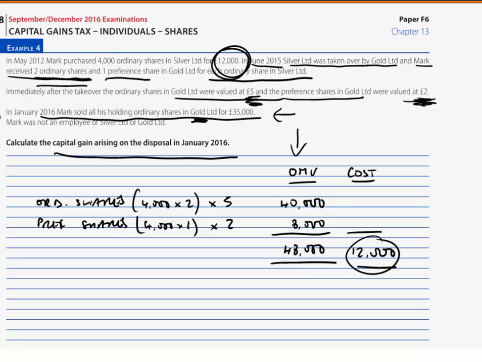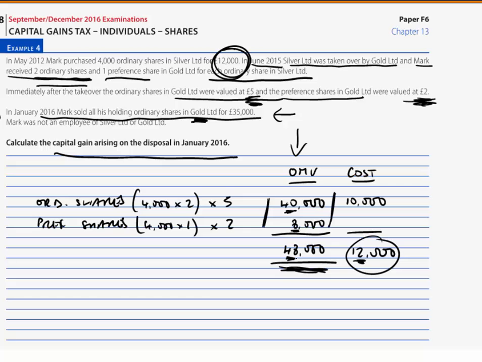That cost of £12,000 will become, in part, the base cost of the ordinary shares and the base cost of the preference shares held within Gold Limited. The basis we use is these market values. So, get your calculators out. You now need to split that 12,000 according to those market values. So 40,000 over 48,000, 40/48ths of that 12 belong to the ordinary shares. Put that through the calculator and hopefully you get that to be £10,000.